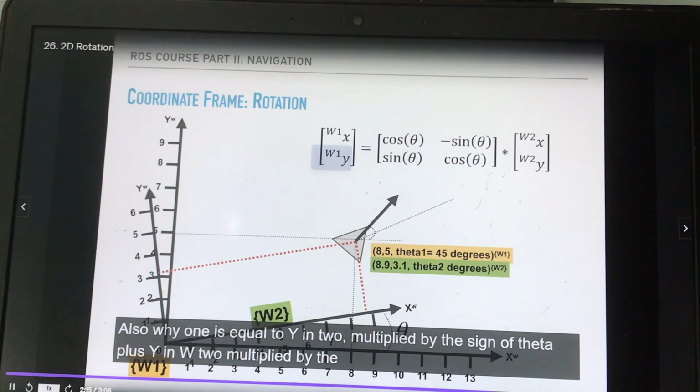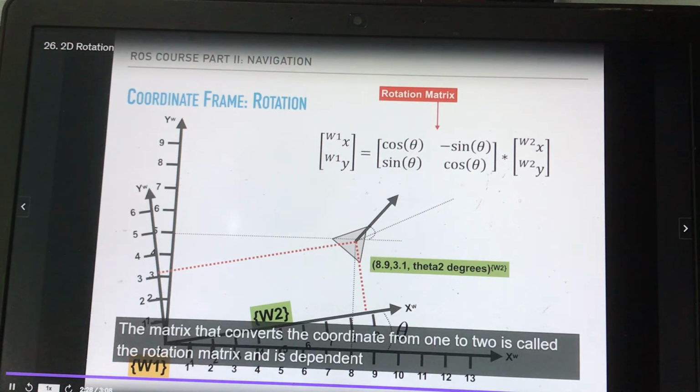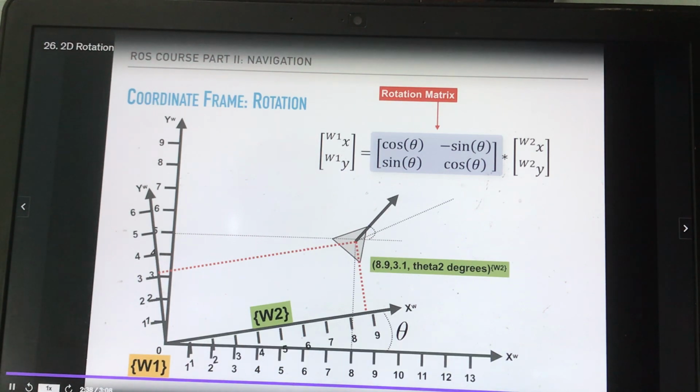Also, y in W1 is equal to x in W2 multiplied by the sine of theta plus y in W2 multiplied by the cosine of theta. The matrix that converts the coordinate from W1 to W2 is called the rotation matrix and is dependent on the angle theta, as it can be observed.